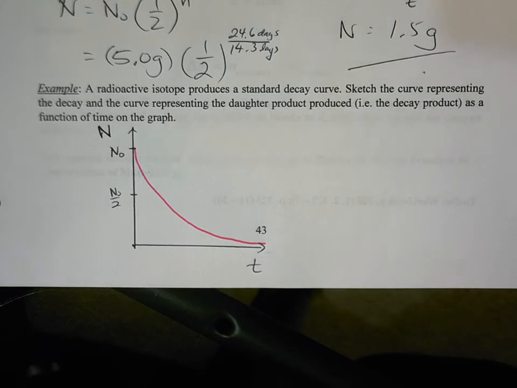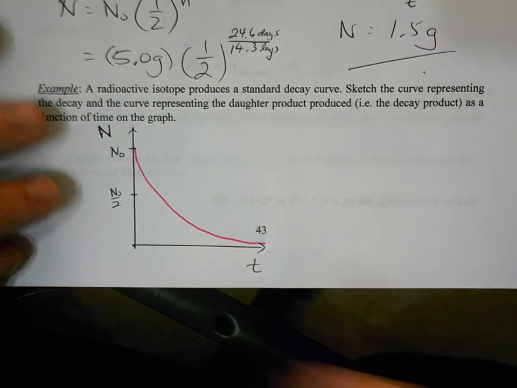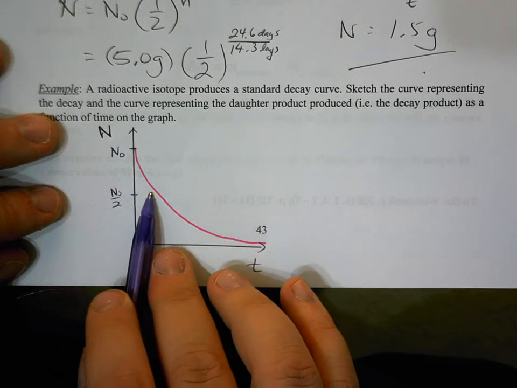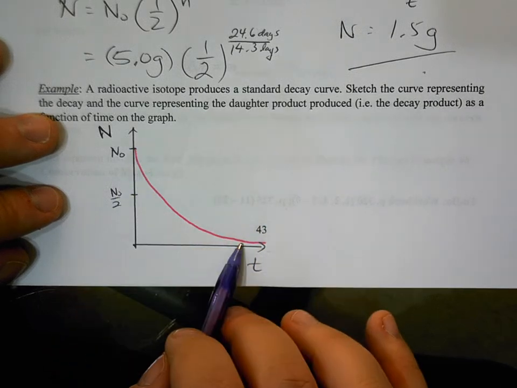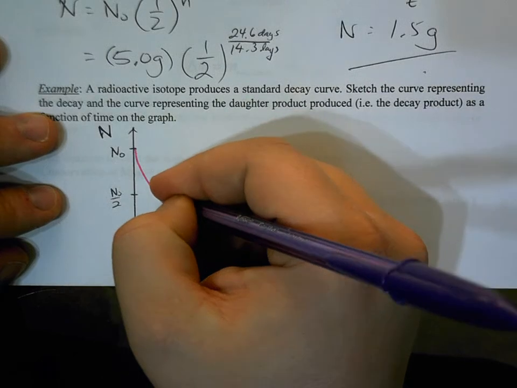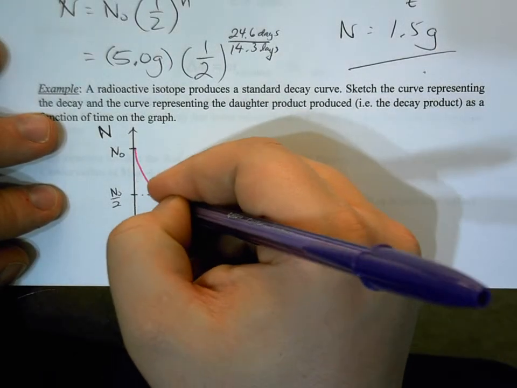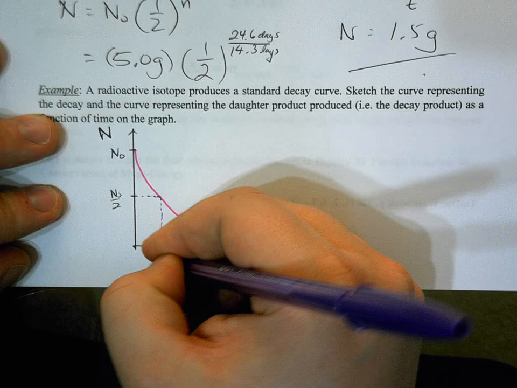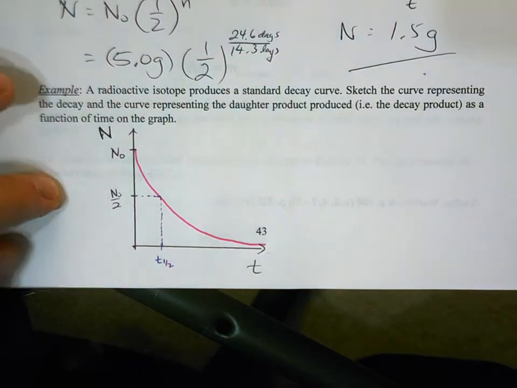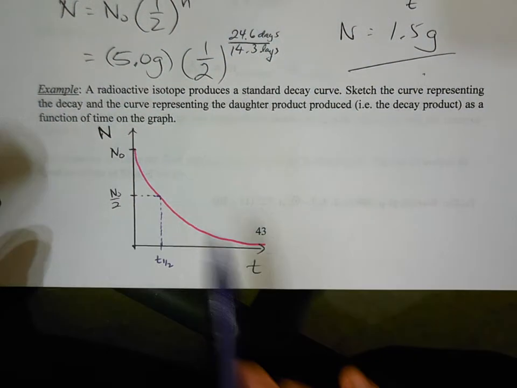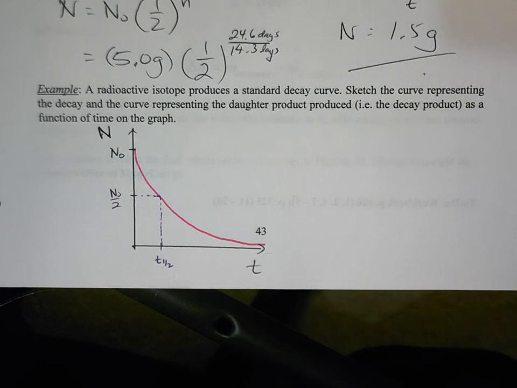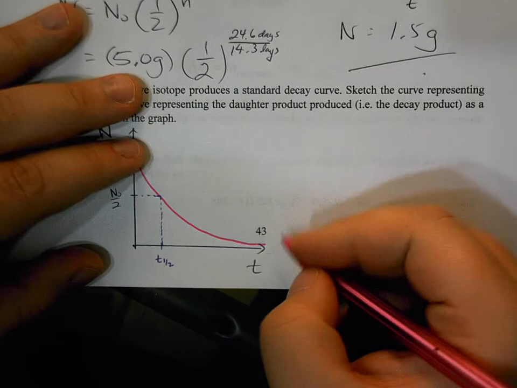Now, what's special is at the value where we have half of our original amount, the time associated with that is going to be our half-life. And that's really important. Now, let's draw the actual daughter curve to this. So the pink here is my decay curve.